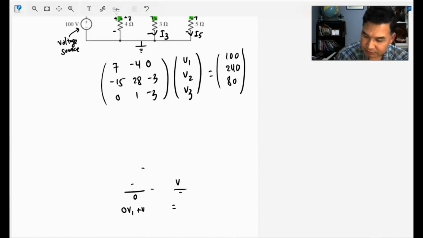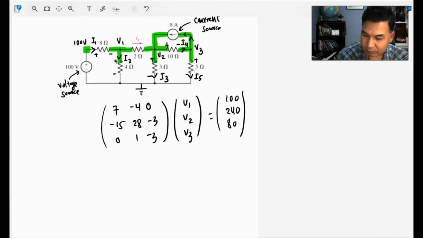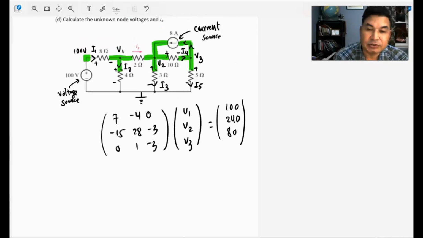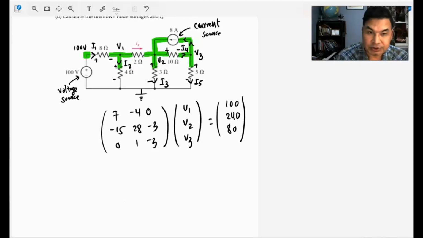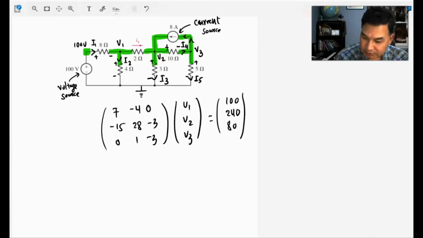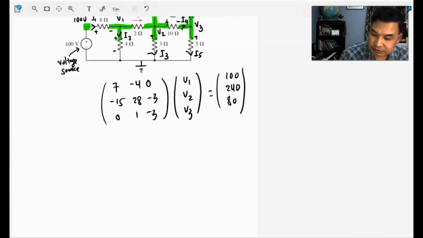Because if you open this matrix, you're going to get those three equations. All those three equations that I just showed you can be written in this form. This plus this is this. So these are three linear equations, and this is the unknown.